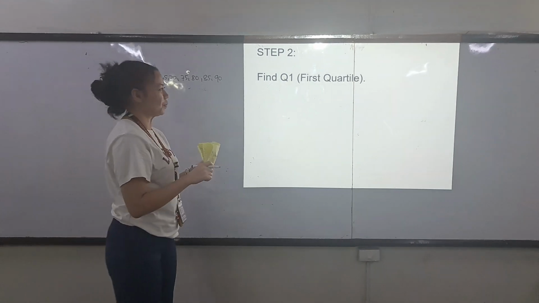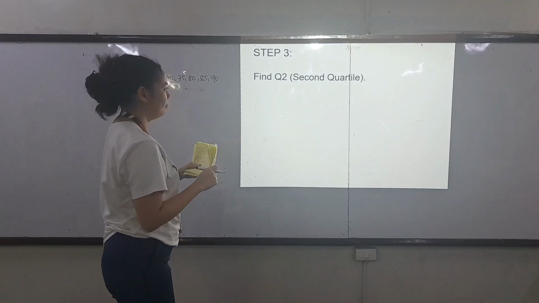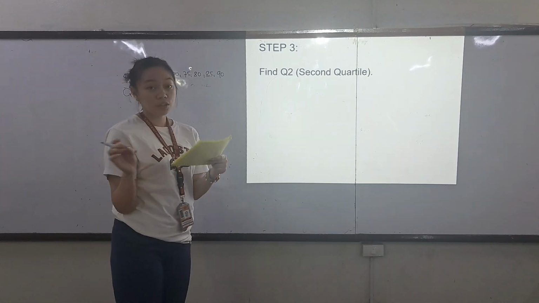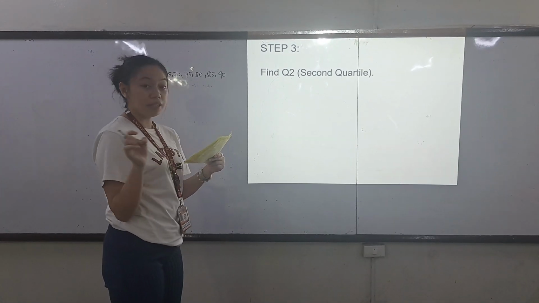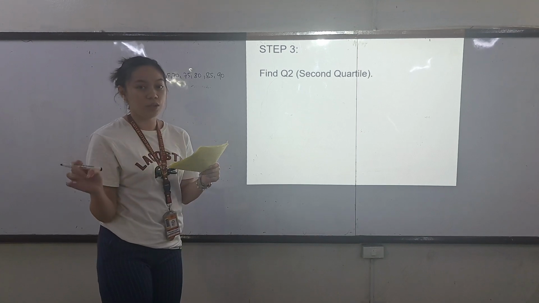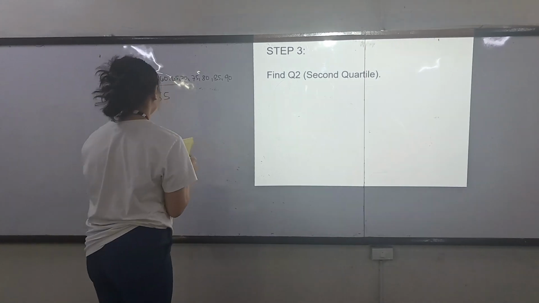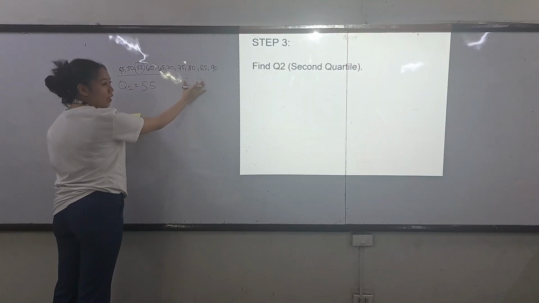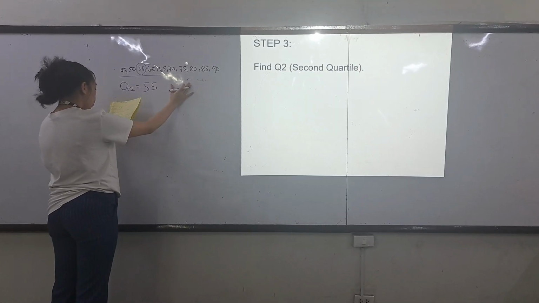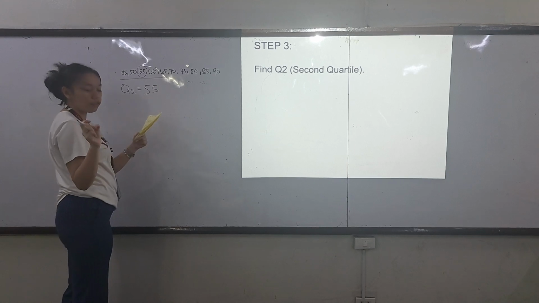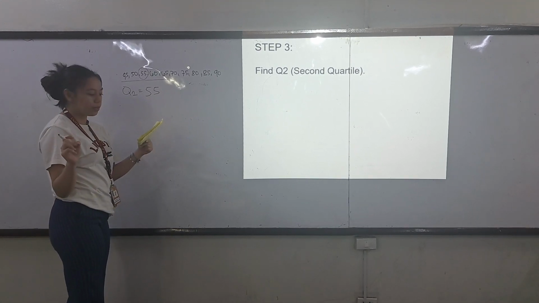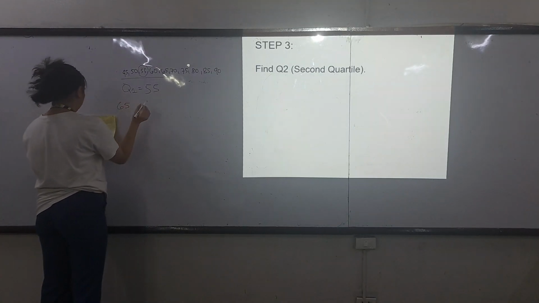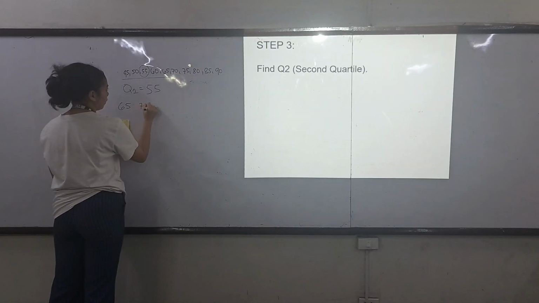Next, let's find the second quartile. The second quartile, or the median, is the middle value of the entire data set. This is our entire data set, and we have 10 values. So the median is the average of the fifth and sixth values, which are 65 and 70.